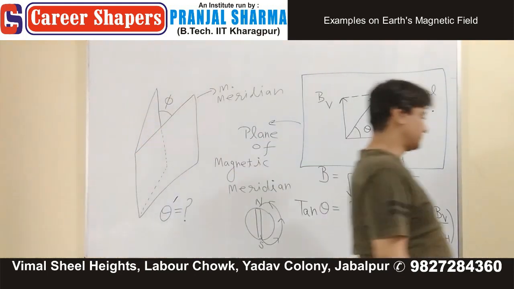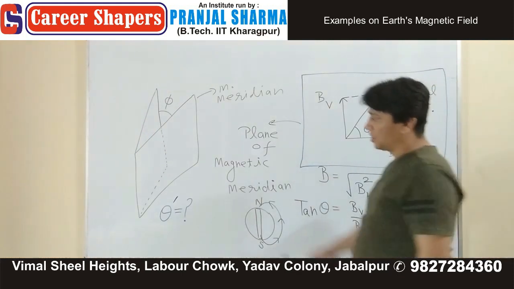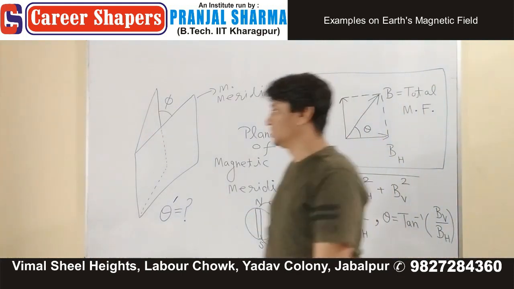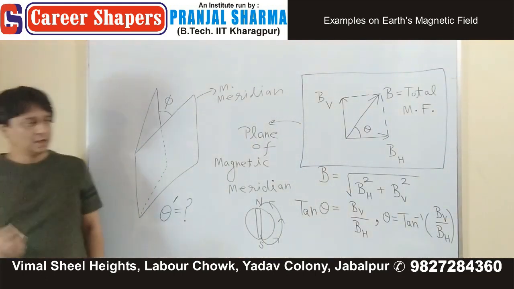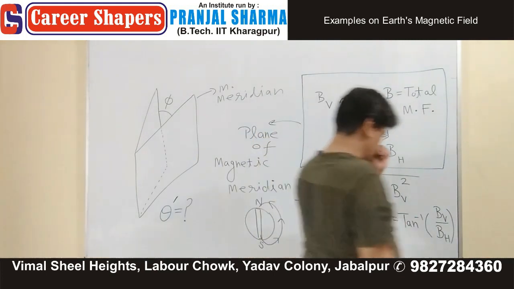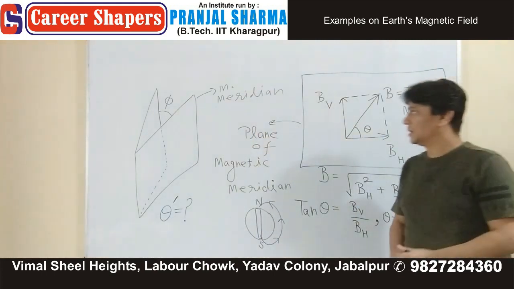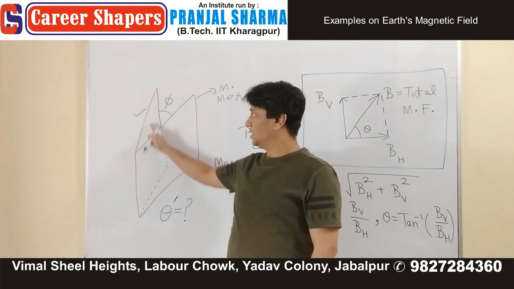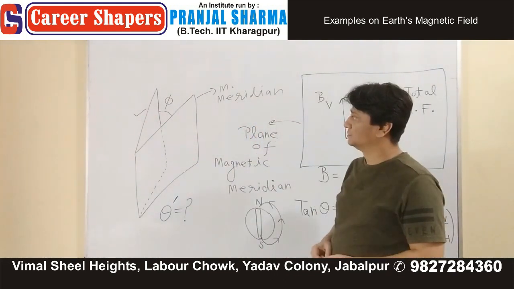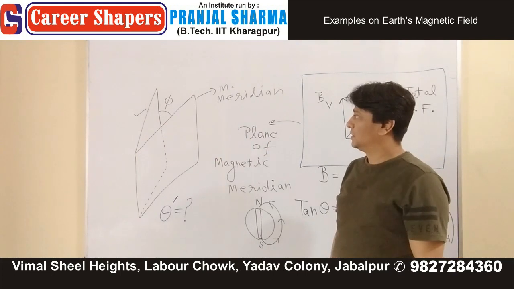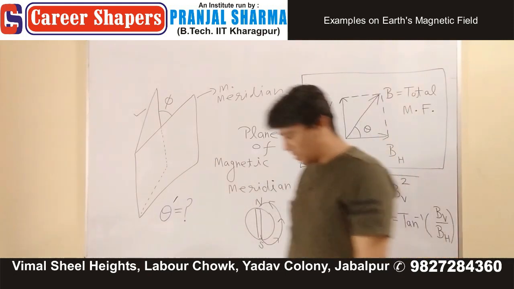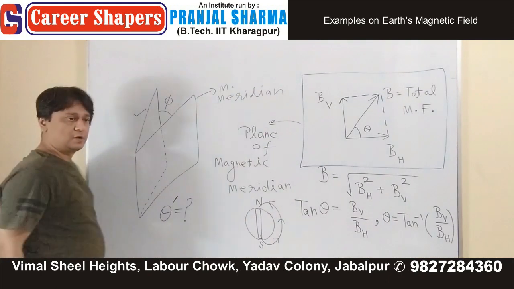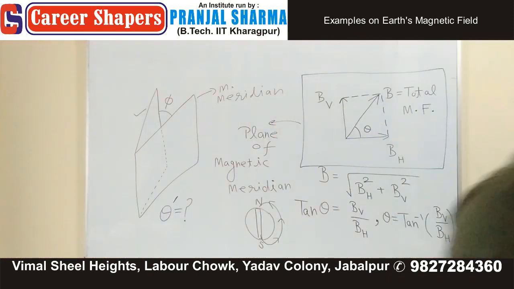Now the question says, find out the angle of inclination theta dash in a different vertical plane, which makes an angle of phi with the plane of magnetic meridian.